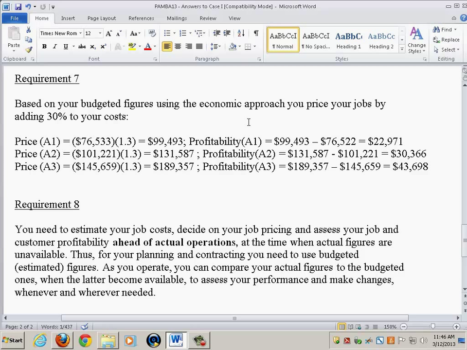You get the pricing and you get the profitability estimates and the prices that you ask for. The customers may agree or they may negotiate, but that's what you ask for, and based on what you ask for, these are your profit estimates. There's a mistake here, I'm sorry. There's no A3, this should be B1. Okay.